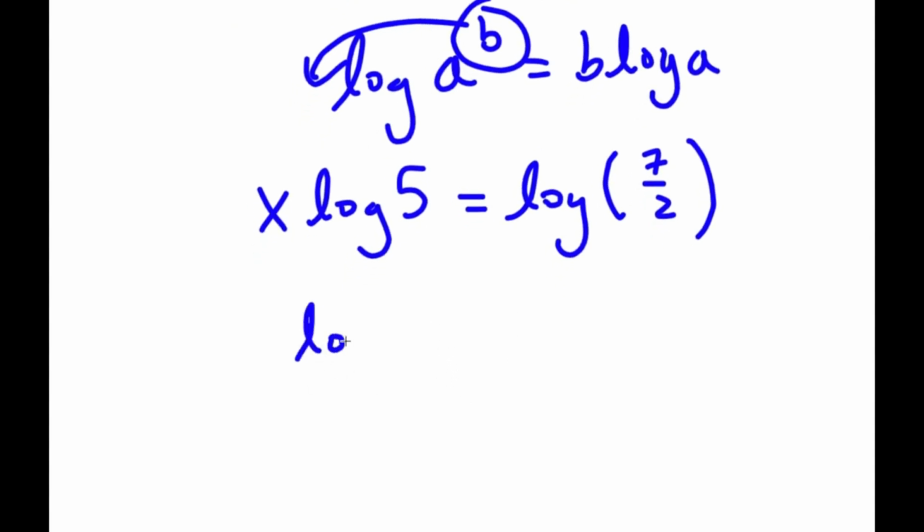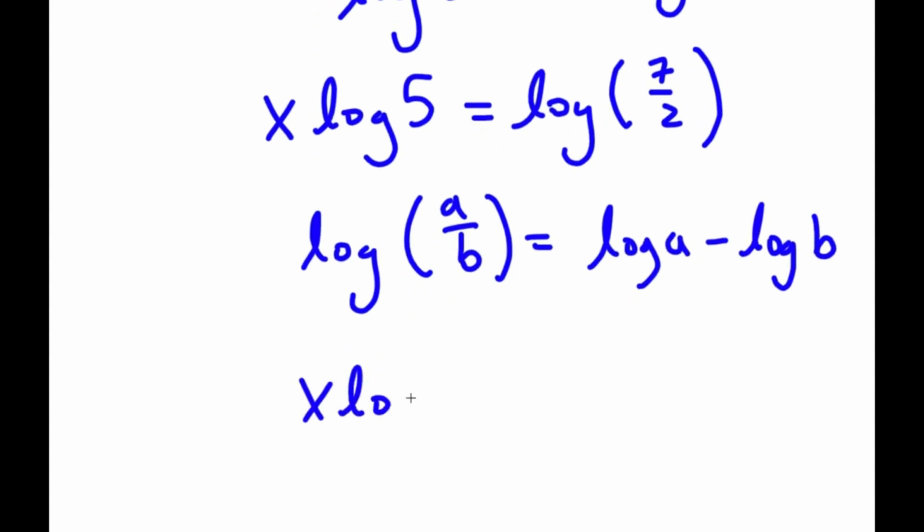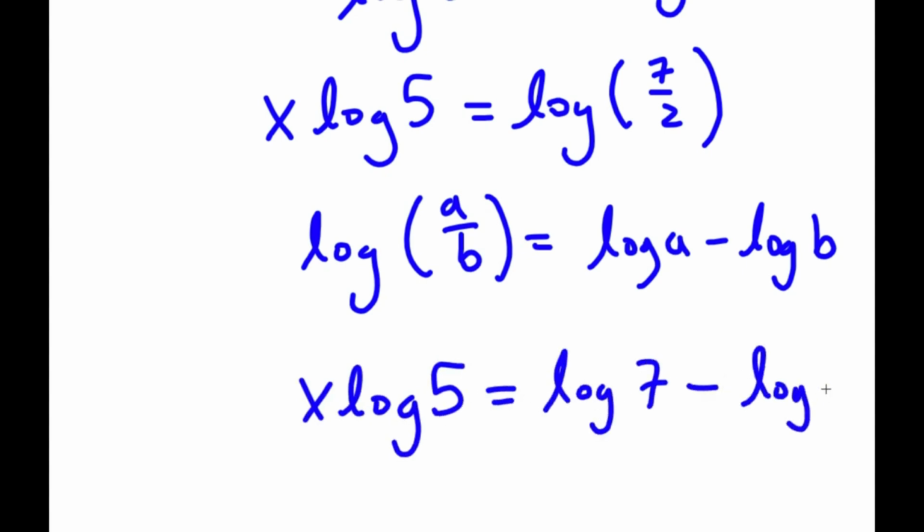Now, if I have something in the form log a over b, this is equal to log a minus log b. So log 7 over 2 is going to equal log 7 minus log 2.